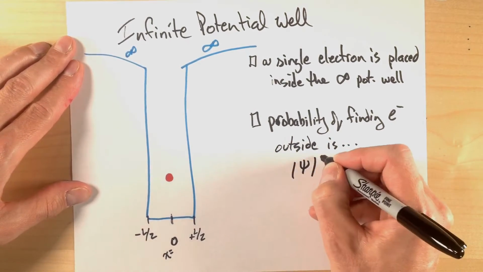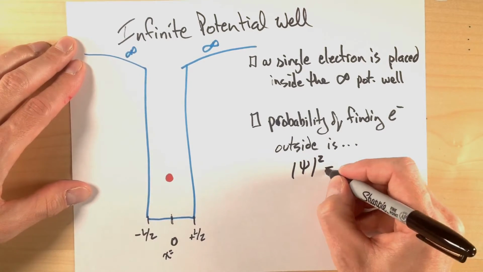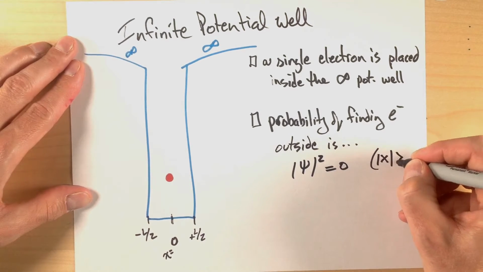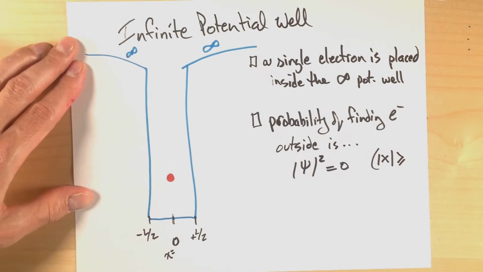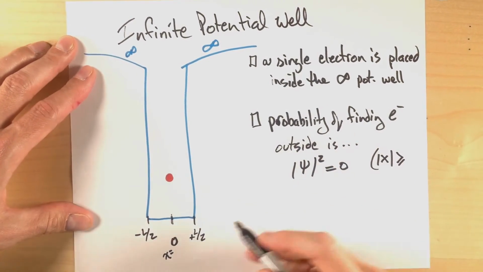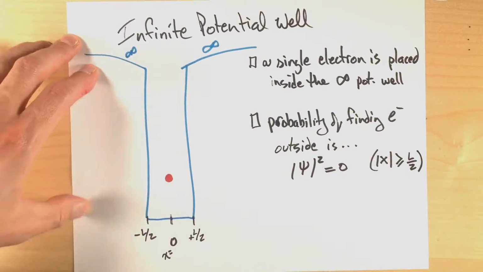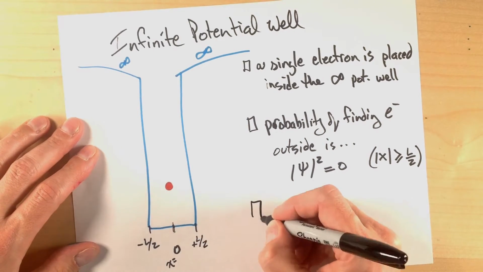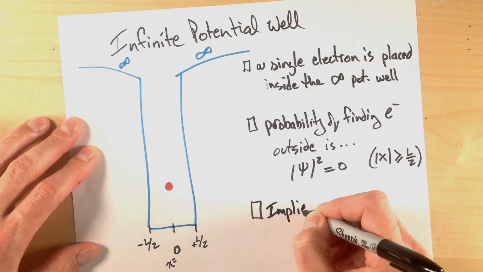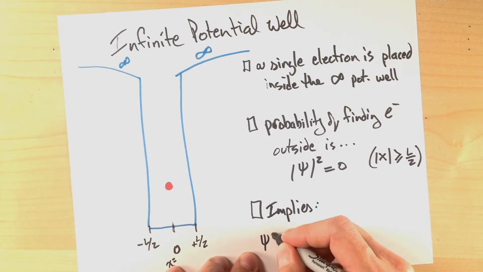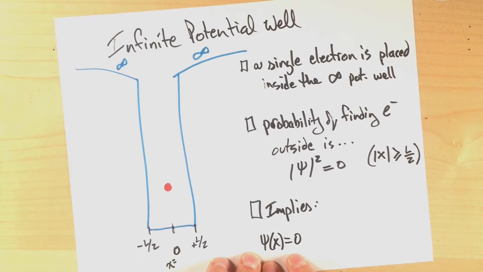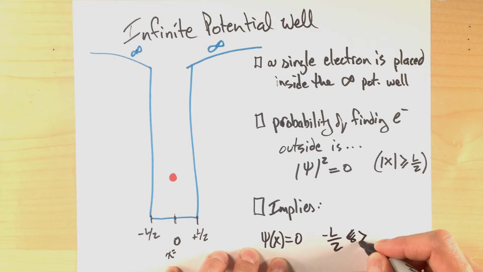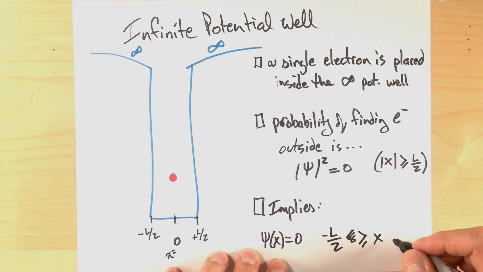It means that the probability of finding it outside is 0, for x greater than or equal to the L over 2 dimension. So the probability is actually 0 to find it on either side. What does that imply? This is a boundary condition, and it implies that the wave function itself also equals 0 at and beyond the two boundaries.